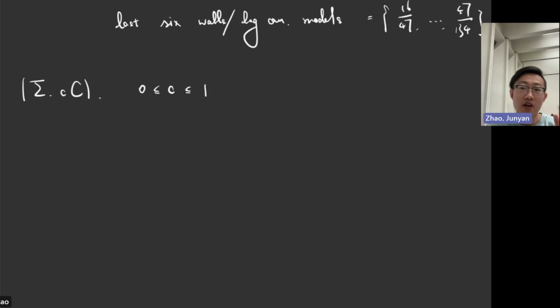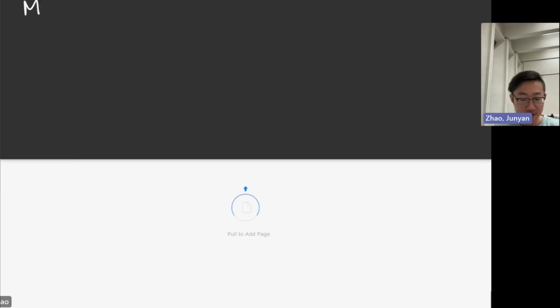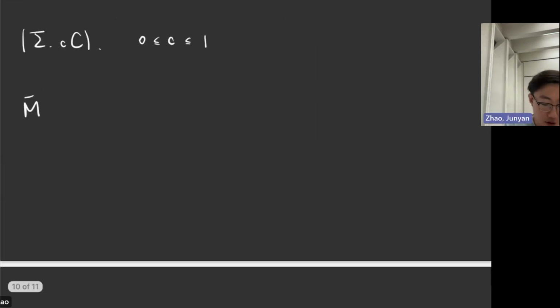When it's less than a half, it is a log Fano pair. When it's bigger than a half and less than 1, this is of log general type. So let's consider the right-hand side. When c is equal to 1, this is the KSB moduli.